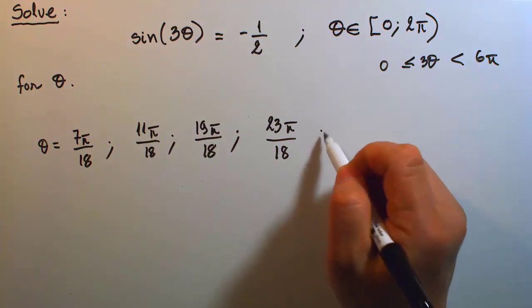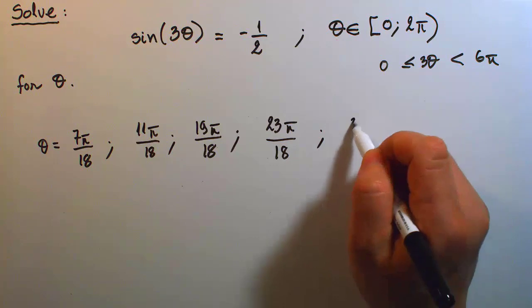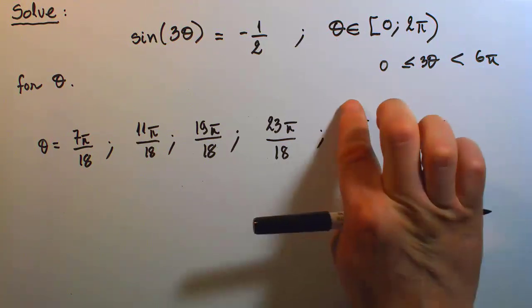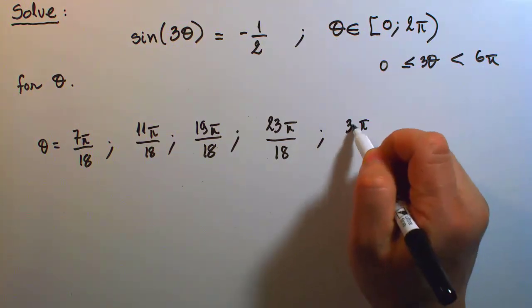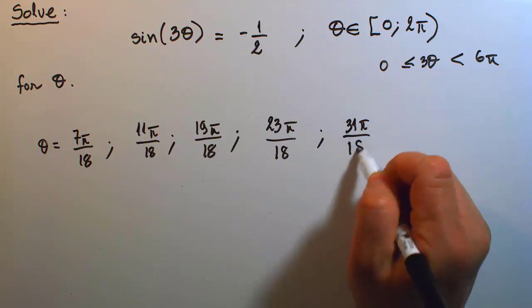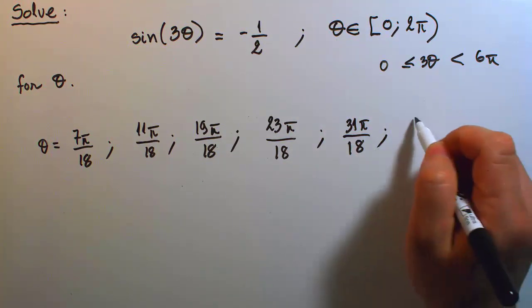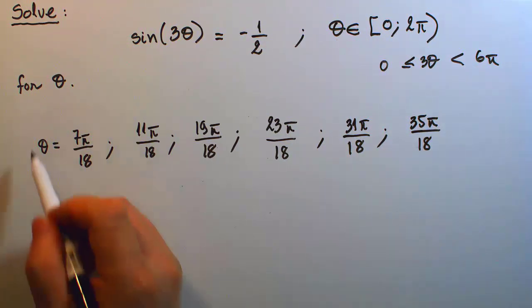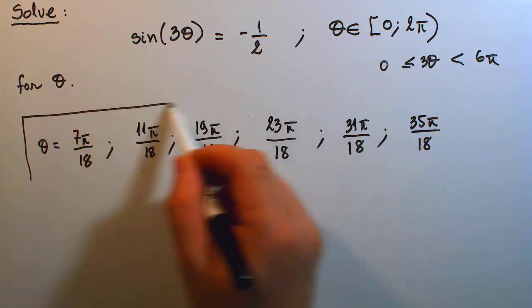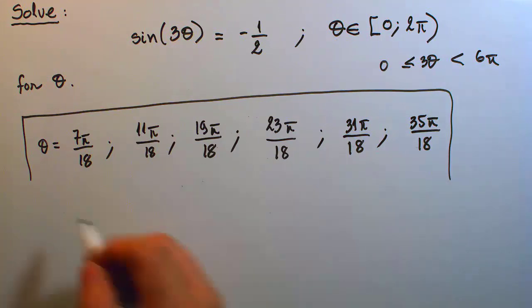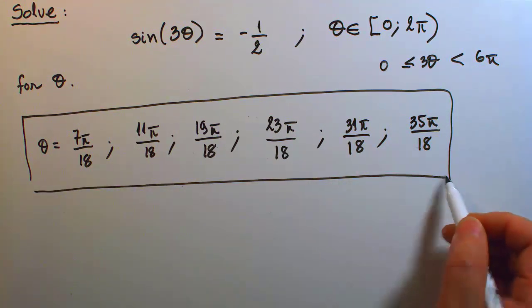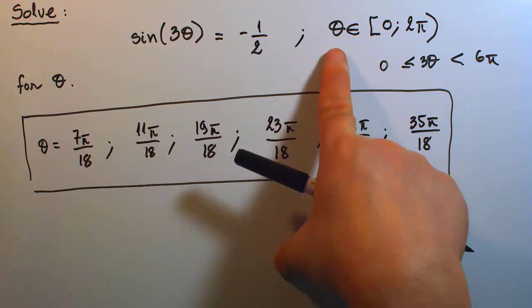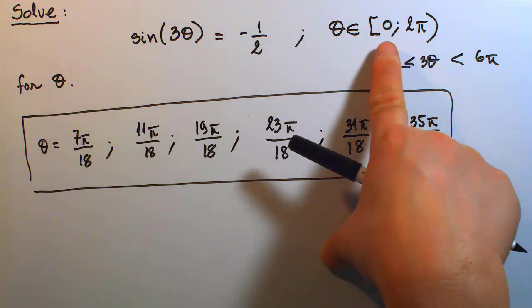And we found another solution, 31 pi over 18, I made a typo again earlier, and here 35 pi over 18. So this is our complete solution set of this equation where theta is restricted inside an interval from 0 to 2 pi.